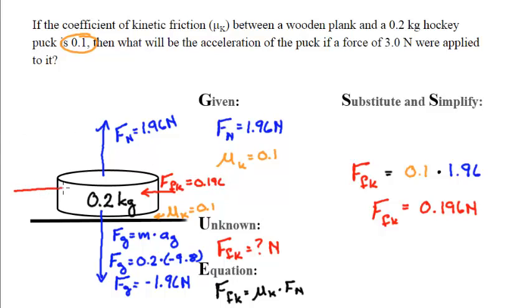Now I know that there's a force applied, which equals 3.0 newtons. And at this point, I have an imbalance of forces. So now I need to figure out what my net force is.